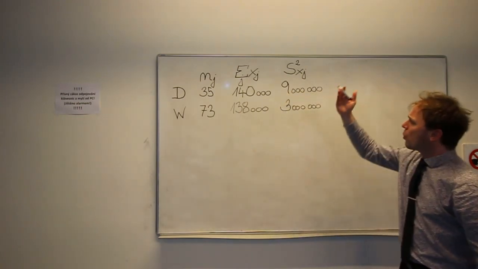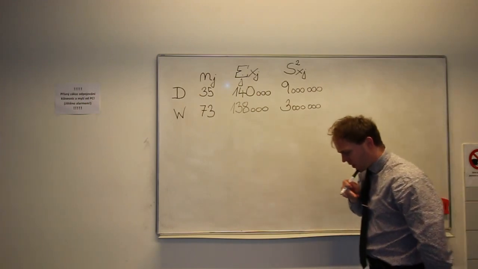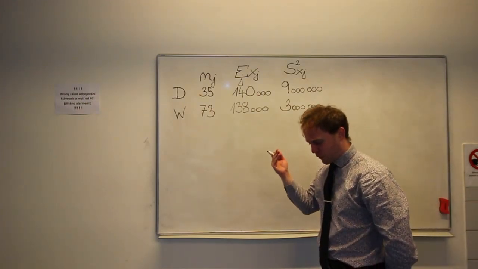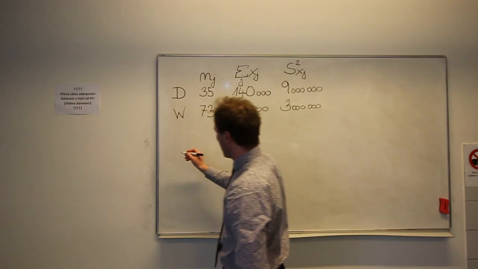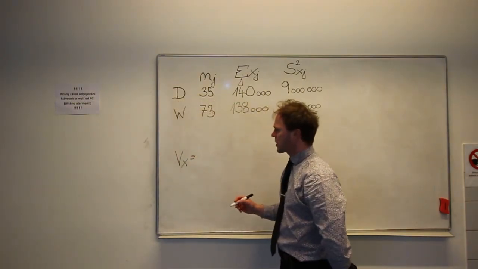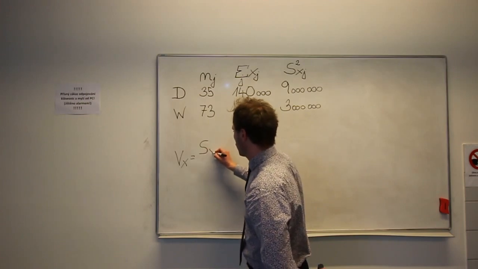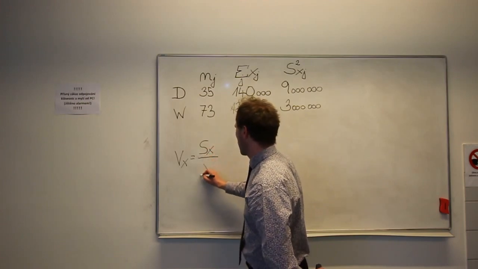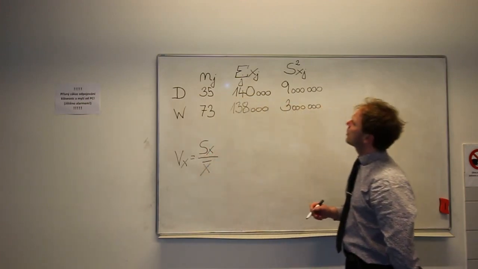Okay, so we know this, and the question is about relative variability. We know that the variation coefficient is calculated as a ratio of standard deviation and arithmetical mean.